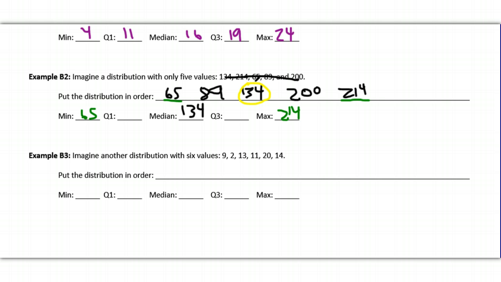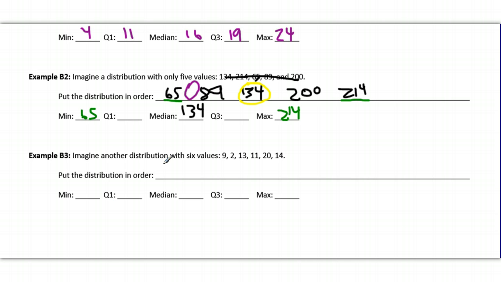But if we look at now the lower half, the numbers below our median of 134 down here, which of these is considered the middle? We only have 2 numbers, and the middle is going to be somewhere in between them. Now, whenever you have an even number of things like this down in your list, and you can't find a single number in the middle, you take the 2 numbers that are closest to the middle, in this case 65 and 89, and you find the average.